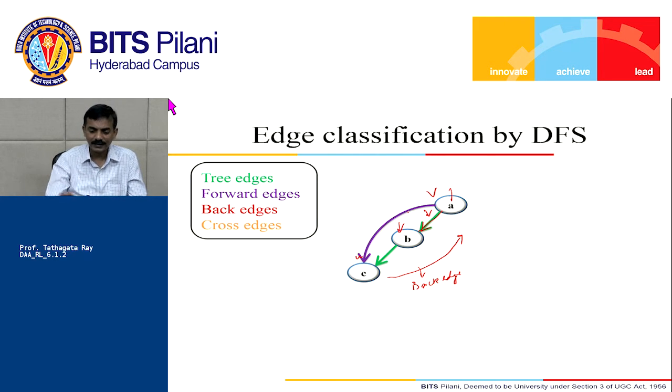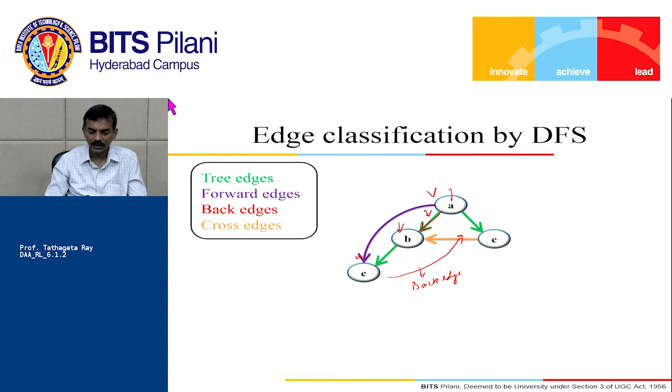So A has in this case two neighbors, B and C. And then we said, okay, let's go to B, and from B to C. In that case, once we have made the depth first search tree, we see that there is a forward edge from A to C. So that's called a forward edge.